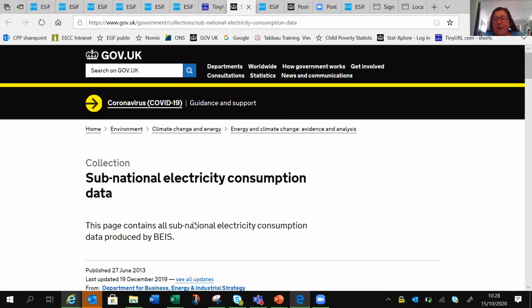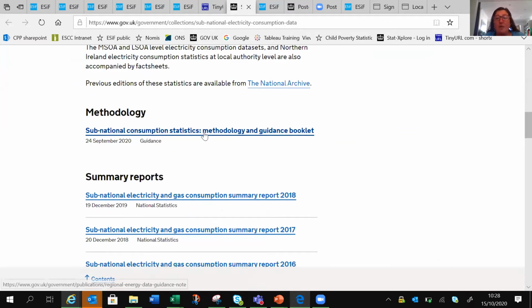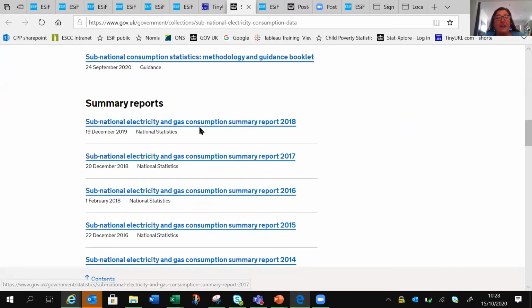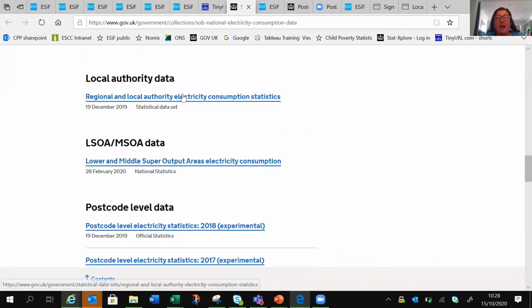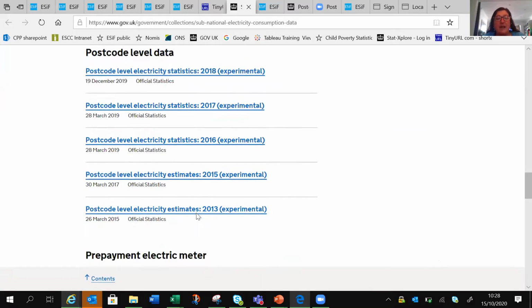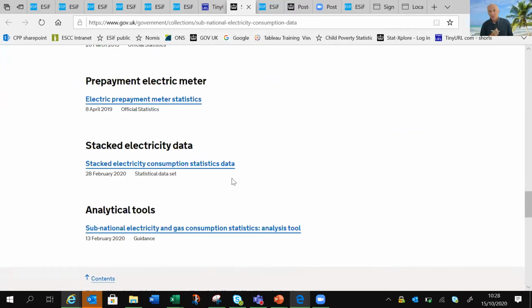It's nationally available and easy to find. Here they've got all the methodology and the guidance, and they've got reports, and then they've got the actual data: local authority data, LSOA, MSOA data, postcode level data, and that's all it is. So no carbon, and of course it doesn't give you off-grid oil.